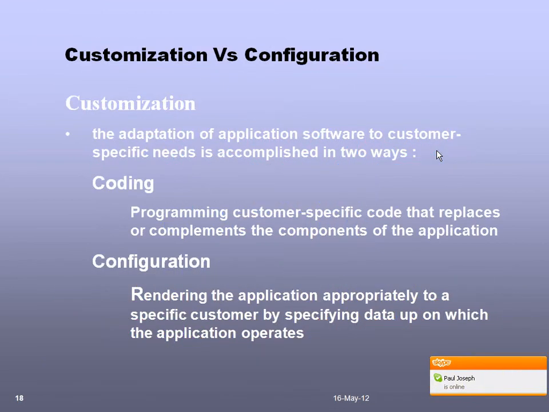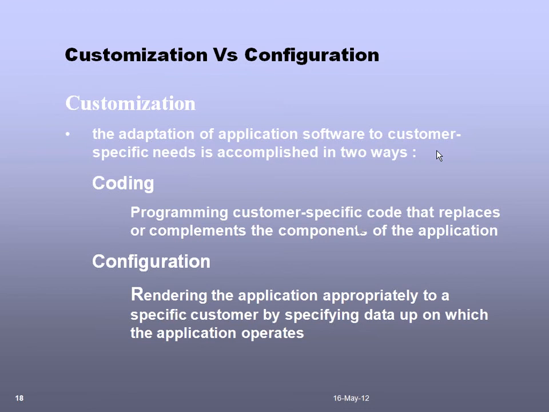Let me help you understand what is customization versus configuration. See, customization is nothing but adapting software to suit the customer requirements or the customer specific needs. This customization can be done by two means: one by configuration, second by coding.